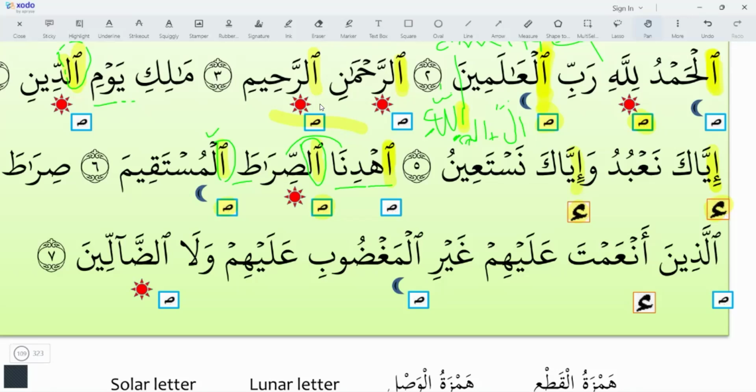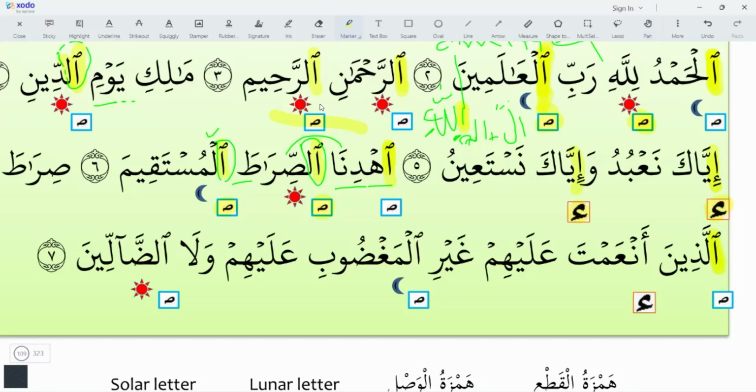Okay, good. MashaAllah. So here, Huruf al-Shamsiya, Huruf al-Qamariya, Hamzatul Wasl, Hamzatul Qat'i. Alladhina, this is Hamzatul Wasl. This is not Huruf al-Shamsiya.